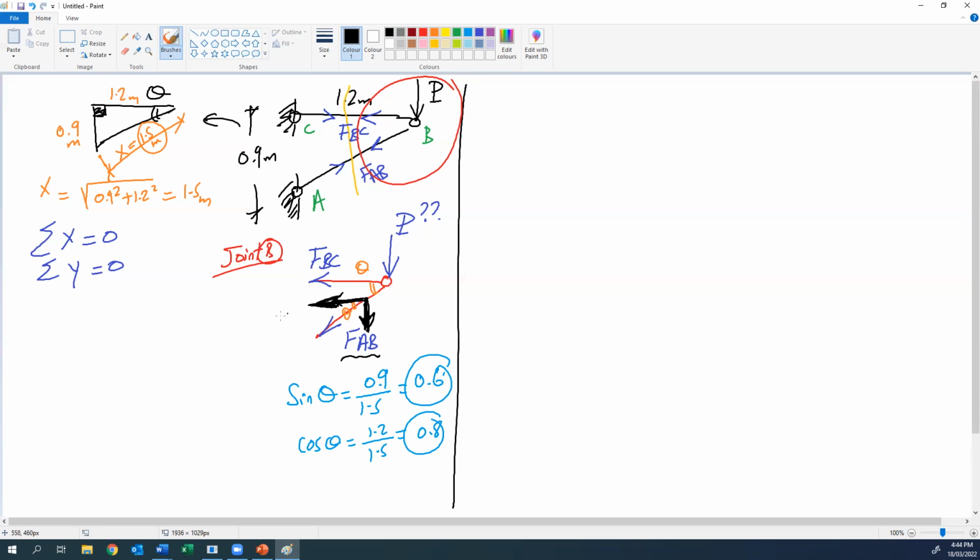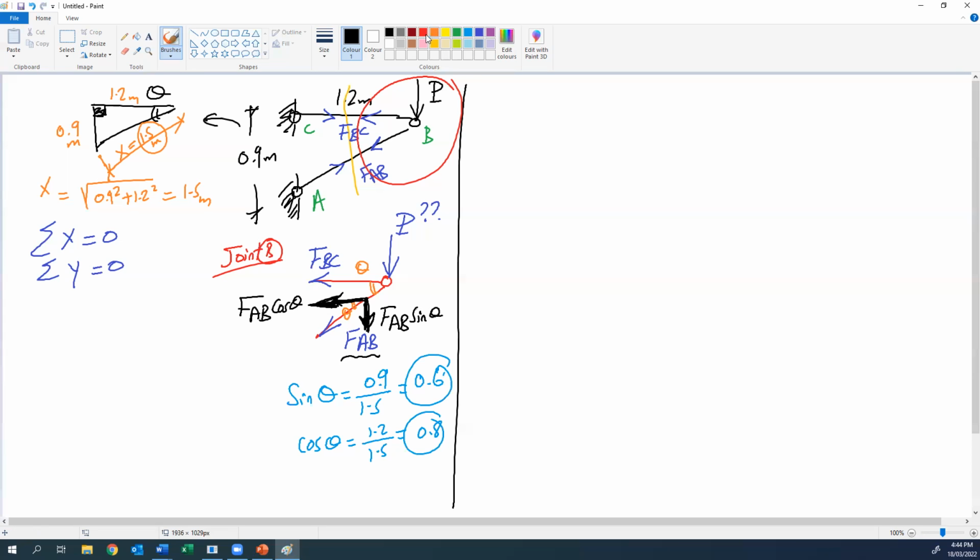The horizontal component will be FAB, sine or cosine? This component is near to the angle, so it will be cosine theta. And the vertical component will be the far component, so FAB sine theta.